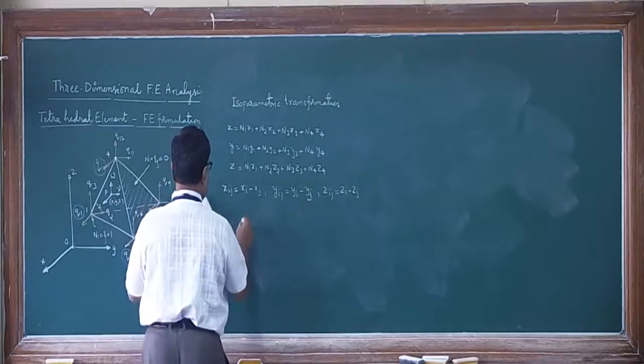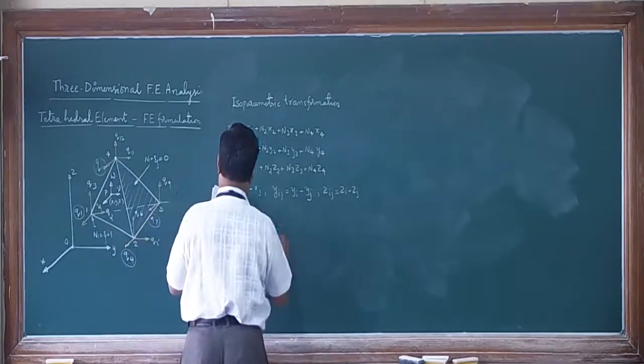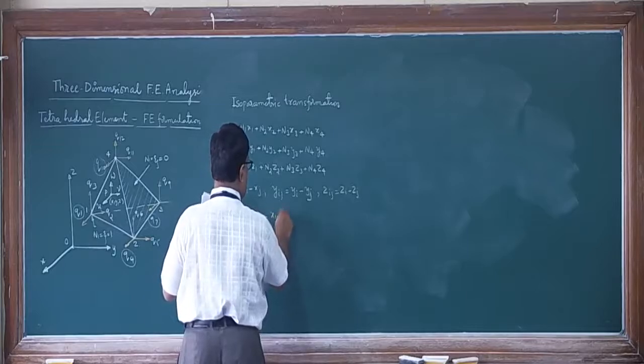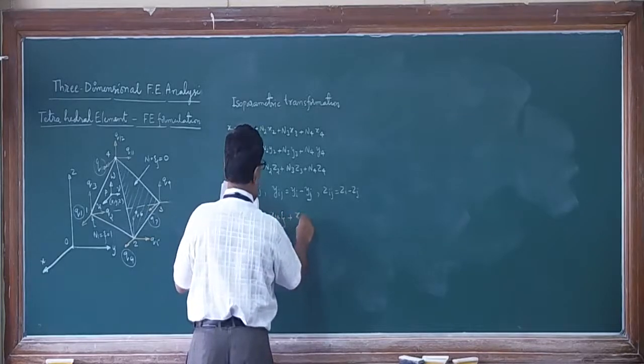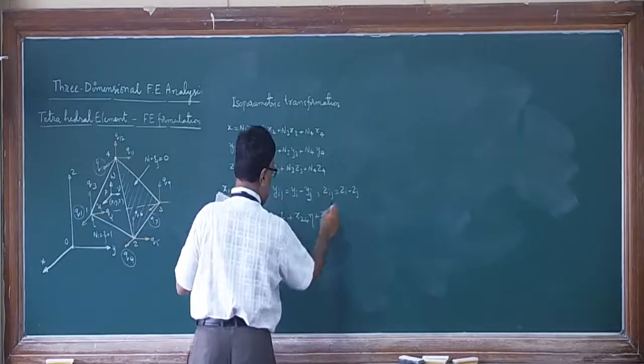So if you substitute all these shape functions into this equation, what will you get? These will be converted into x equal to x4 plus x14 zeta plus x24 eta plus x34 theta.